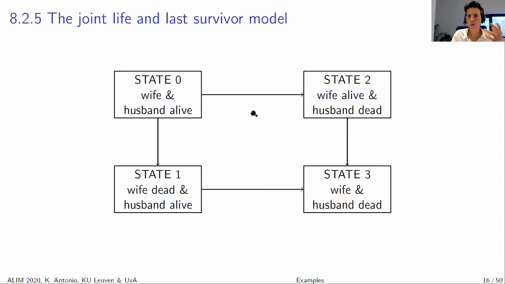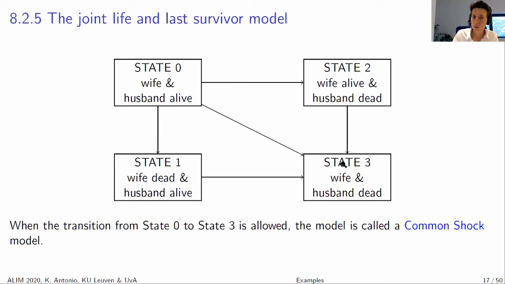Of course, you could wonder, is there a transition possible from 0 to 3? In theory, that could be the case. That would be the setting where both partners die exactly at the same time. If we take that into account, then that model is often called in the literature the common shock model. So that's a slight extension of the multi-state model that we had on the previous sheet.